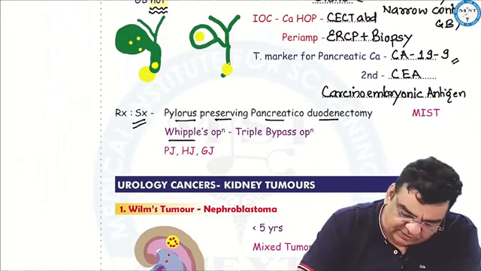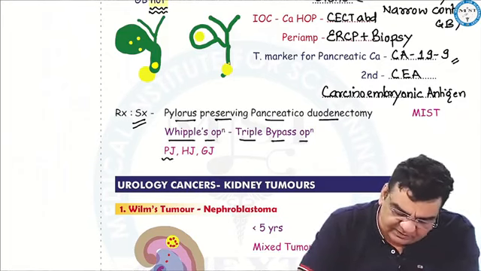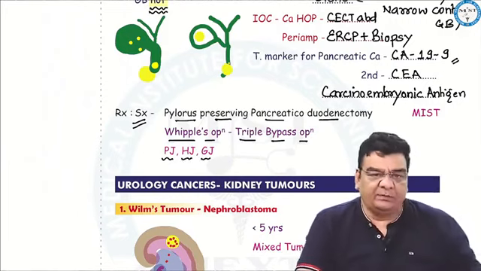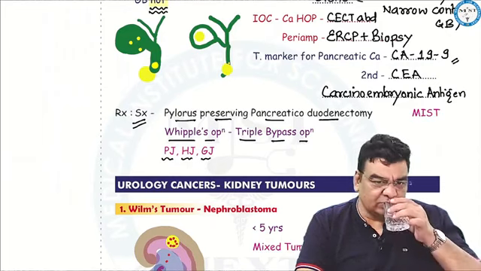This is the Whipple's operation or a triple bypass operation where we are doing a PJ, HJ and GJ: pancreaticojejunostomy, hepaticojejunostomy and gastrojejunostomy.